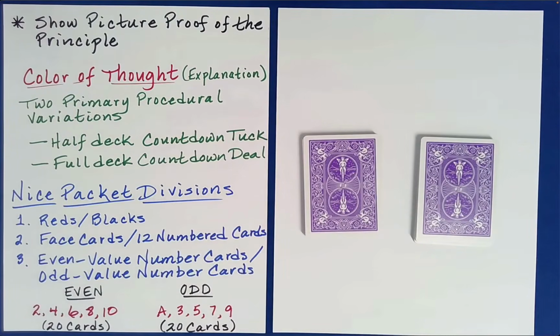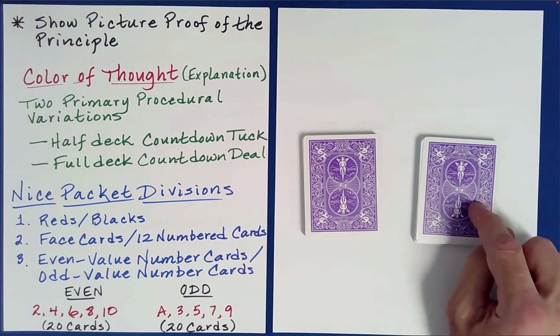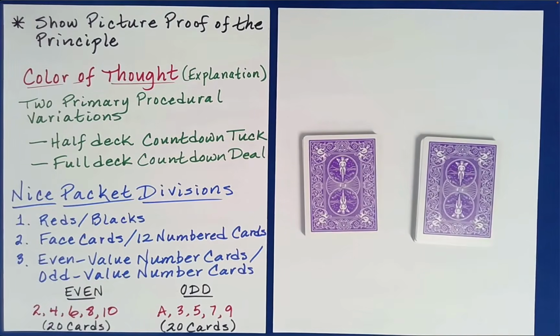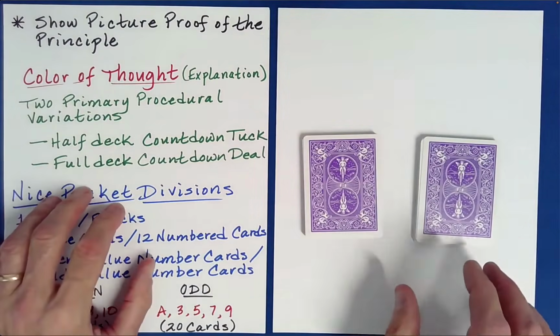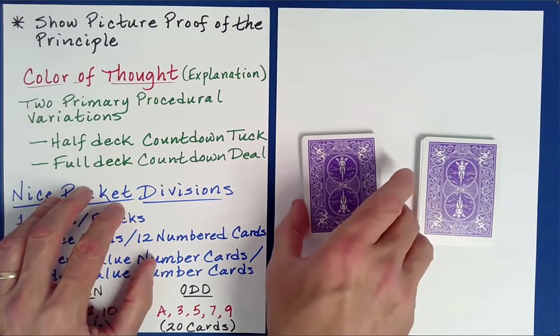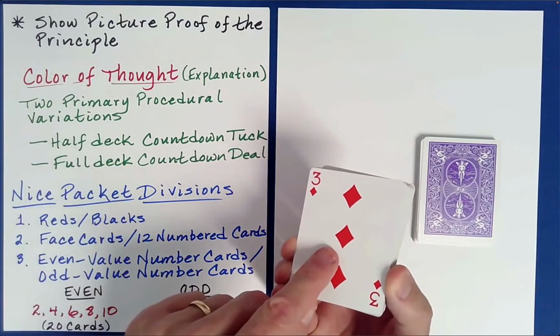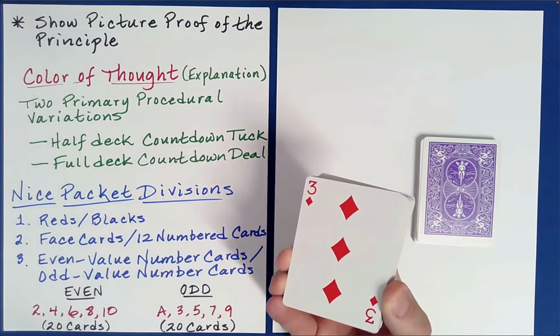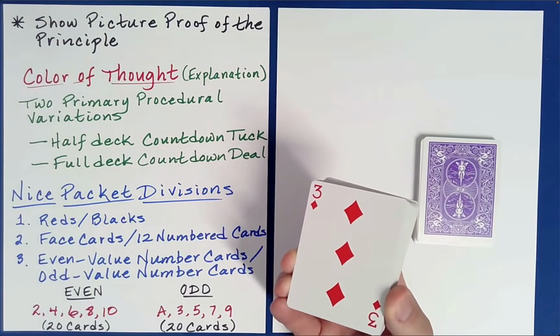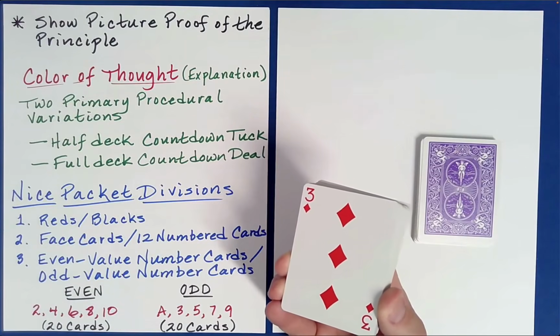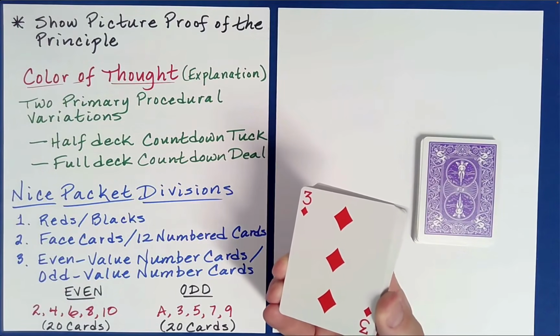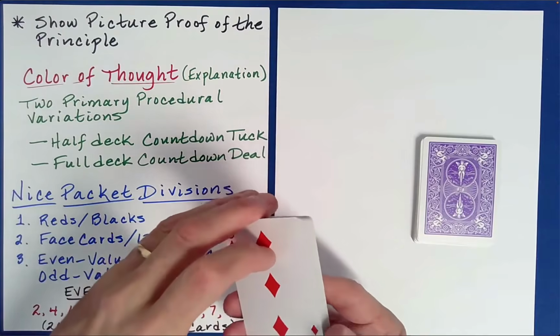Well, that bottommost red card will be arrived at if you count down the number of cards they just counted for the black cards in their half. Okay, so how I did it was I put mine. See, remember, this is what they're going to count down to. This is the one I'm going to say, I think you're going to arrive at the 3 of diamonds, I believe. Okay. So look at what happens.